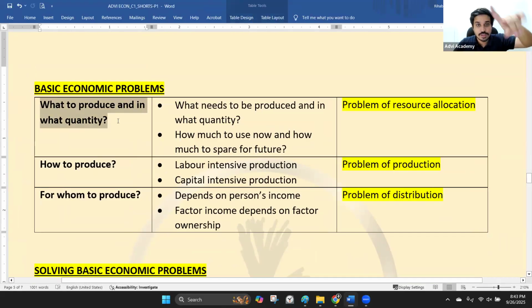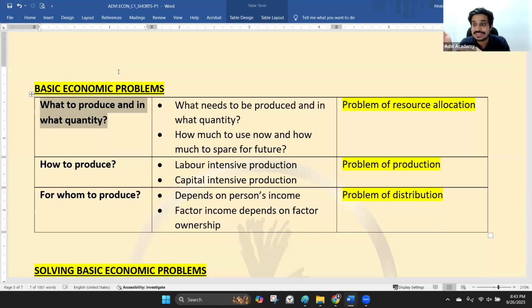First and foremost, what to produce and in what quantity as far as Sri Lanka is concerned. Firstly, what is our basic need? Food. And out of food, in terms of the wants, the most important want is rice. So if I ask you the question, what are you going to produce? Firstly, the answer has to be rice. And second, what quantity are you going to produce that rice?